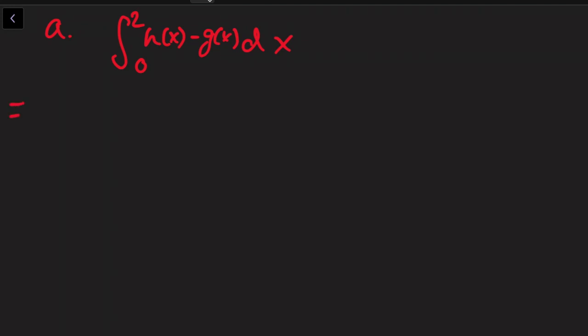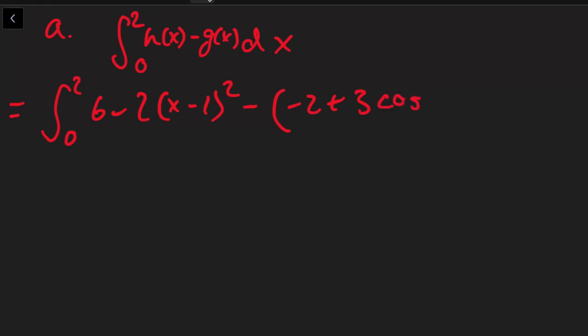So when we do this, we're going to get the integral from 0 to 2 of 6 minus 2 times (x minus 1) squared, minus (-2 plus 3 cosine pi over 2x), dx, obviously. Now what we have to do is integrate. So let's start here.